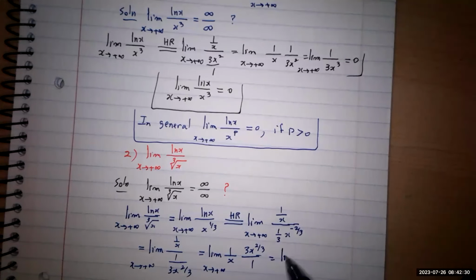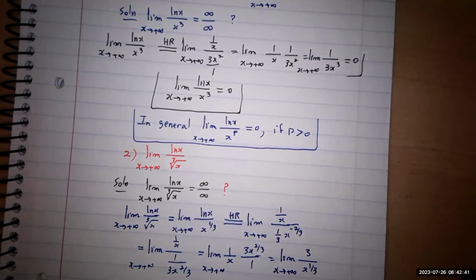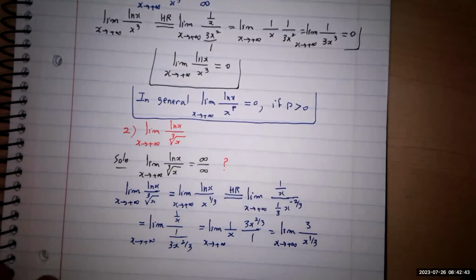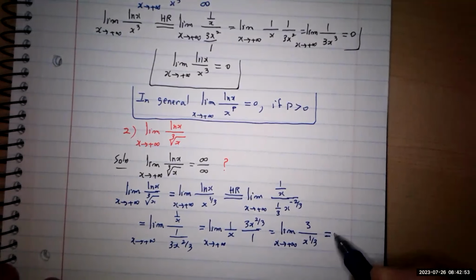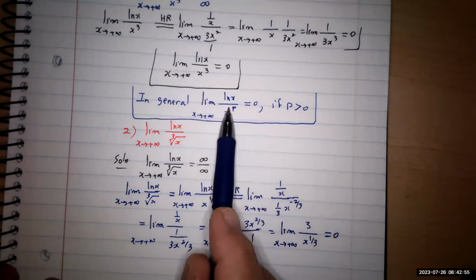So it's going to be the limit of 3 on the top, x to the 1/3 on the bottom, x goes to infinity. You see, you get a number on the top, infinity on the bottom. A number divided by infinity would be 0. Or you have a pizza divided by infinitely many parts. Each part is going to be a very tiny part. So this again is equal to 0. You see, the limit is always 0.